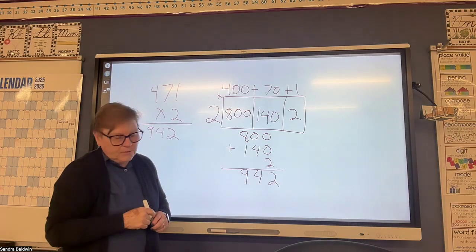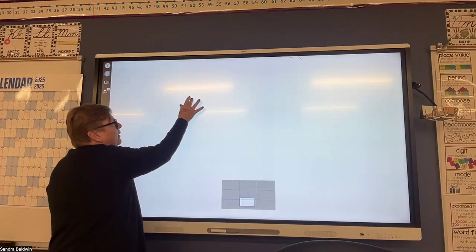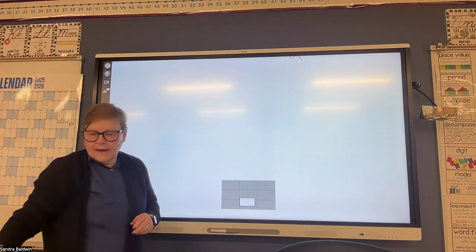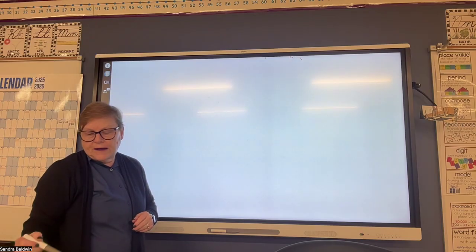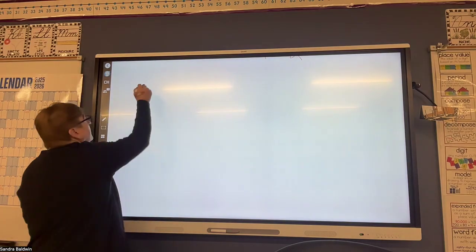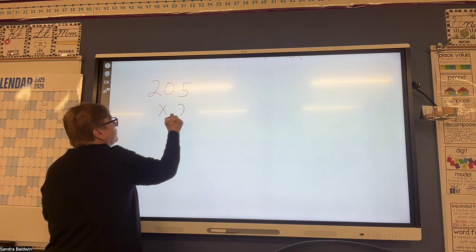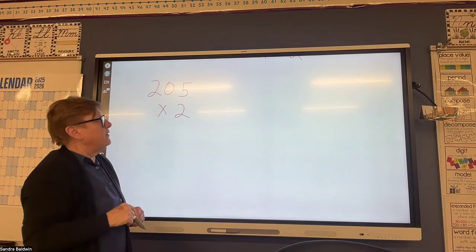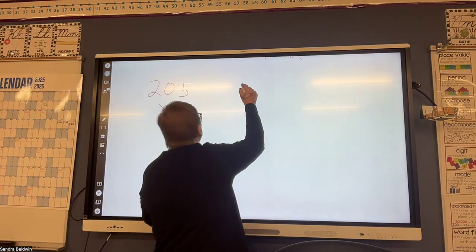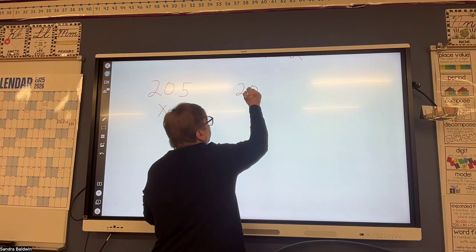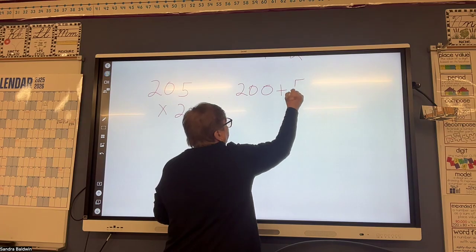Okay, the next problem that I will do is the last one on row 1, which is 205 times 2. Using the box method, that's what we're practicing today. I will split 205 into 200 plus 5.